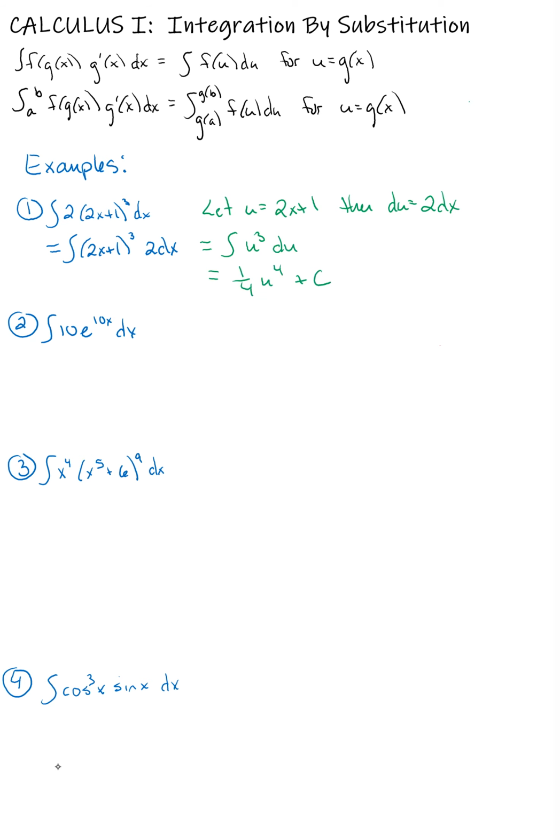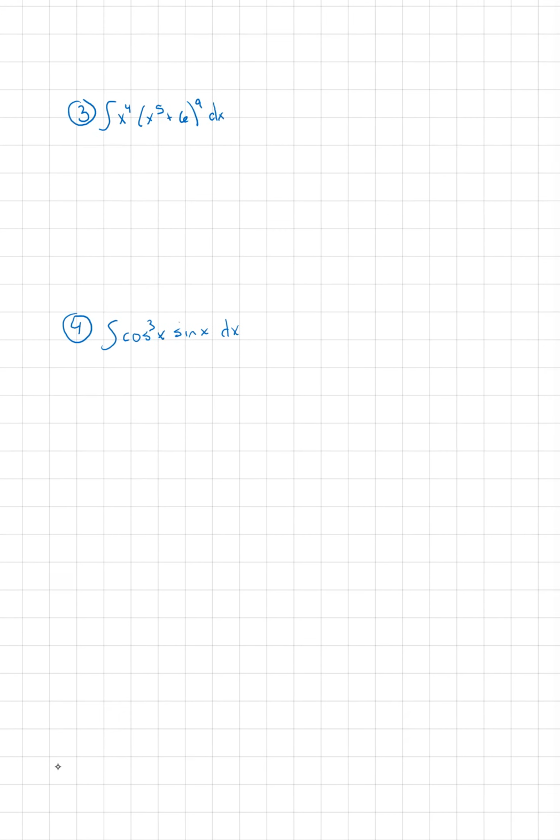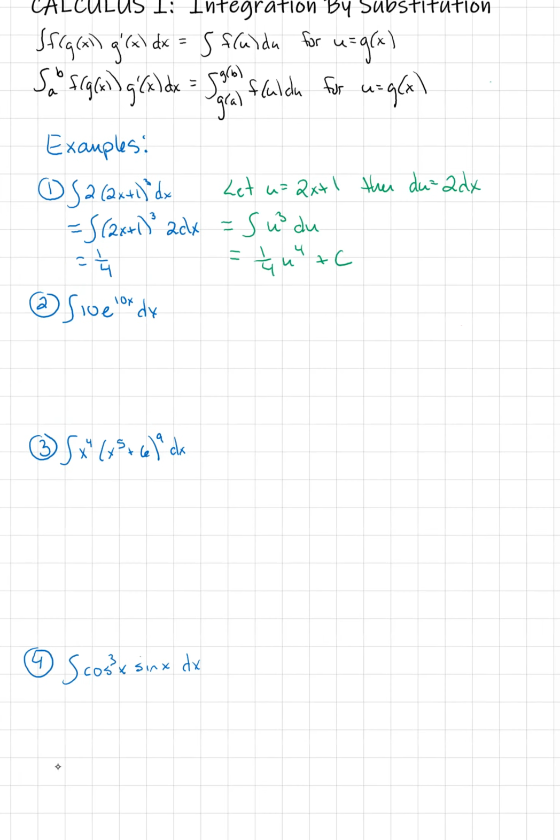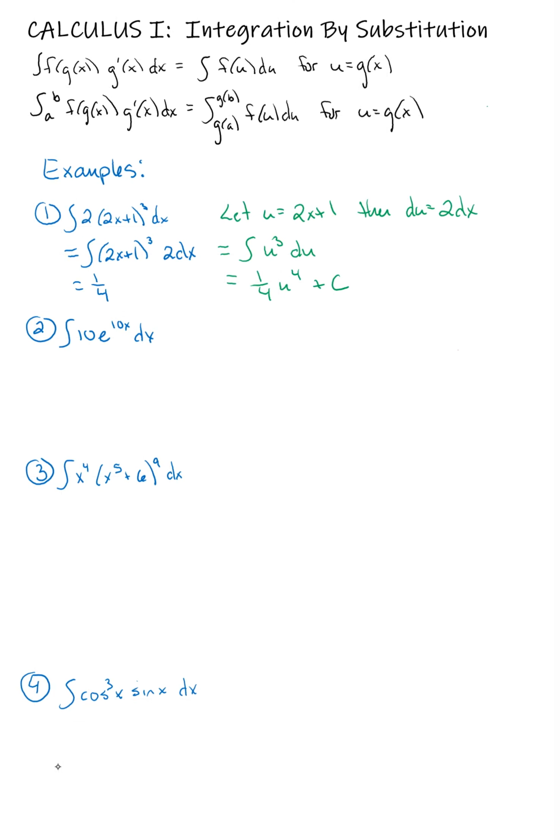So in terms of x's now, I can write this as 1/4 times u, and u is 2x plus 1, but now it's raised to the 4th power, plus c. And there we go.